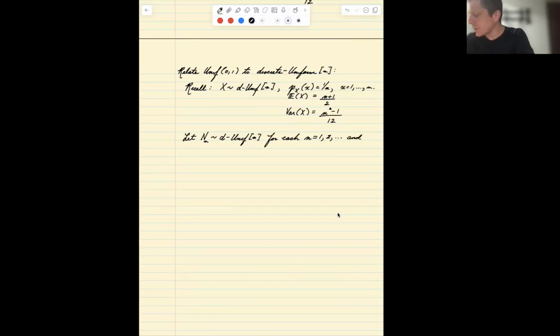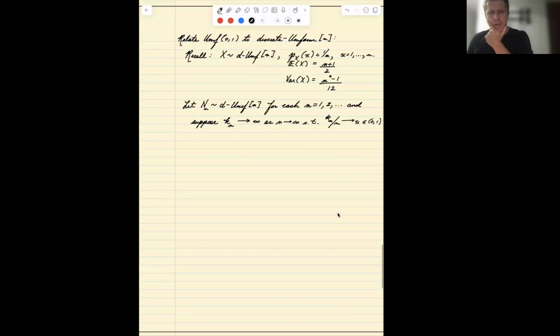And we're going to suppose that we have some sequence k_n that is converging to infinity as n goes to infinity, such that k_n over n goes to some value u between 0 and 1. Okay, and we'll see where this is coming from.